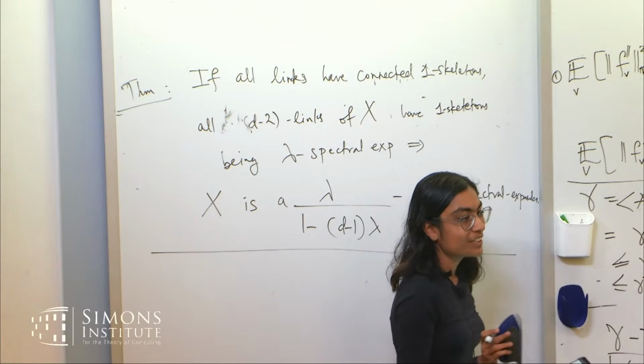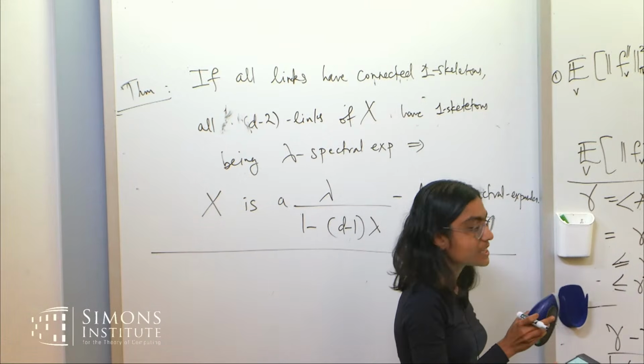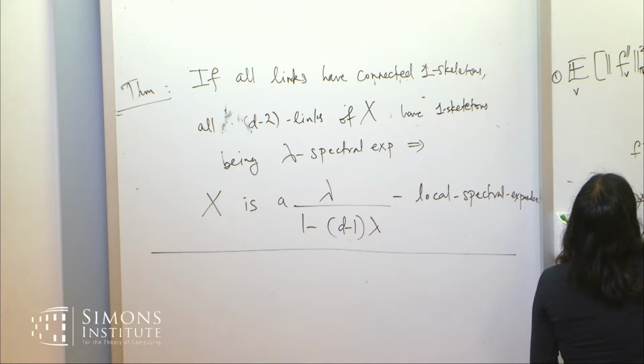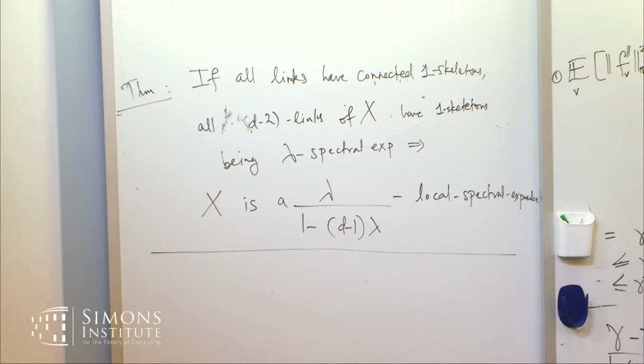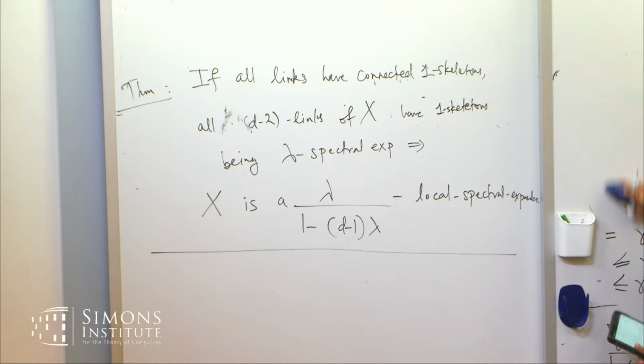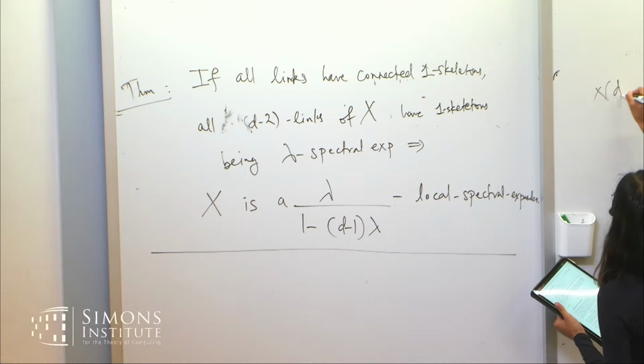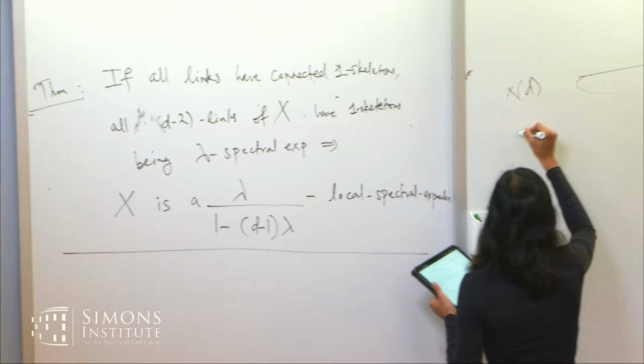Okay, with this, I will end the discussion with some discussion about higher order random walks. So suppose we have an HDX, like these are all the d faces and so on.